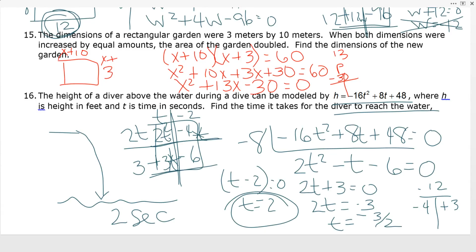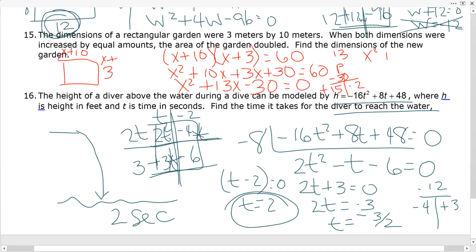So it's really plus 15 and minus 2. Okay, so we have x squared plus 15x minus 2x minus 30. Greatest common factor over here is x.